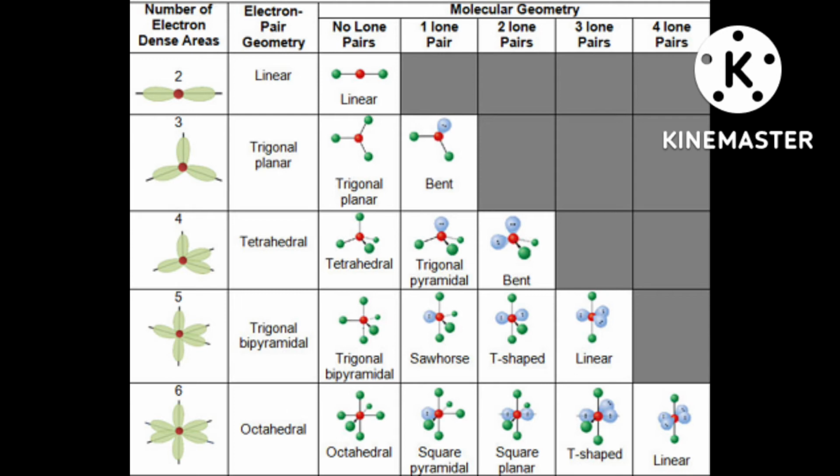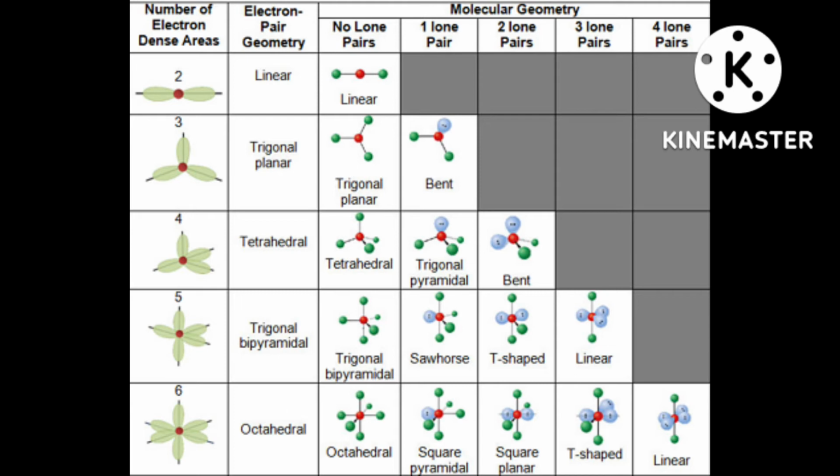If AB2 is there and one lone pair is also there, it will be written as AB2E. If AB3 is there with one electron pair, AB3E, then AB4E, AB5E. E means lone pair of electrons.